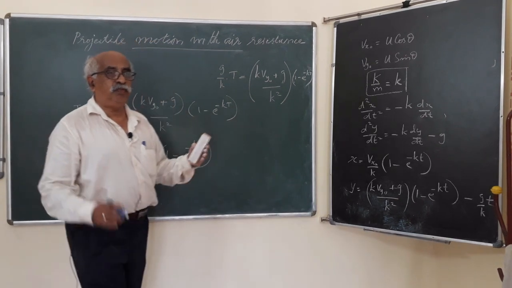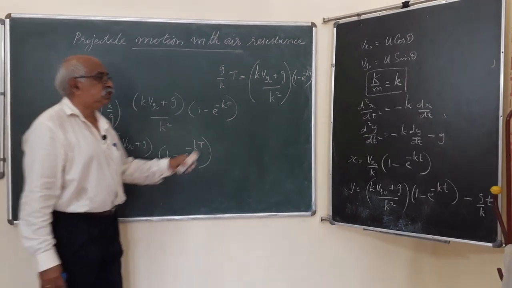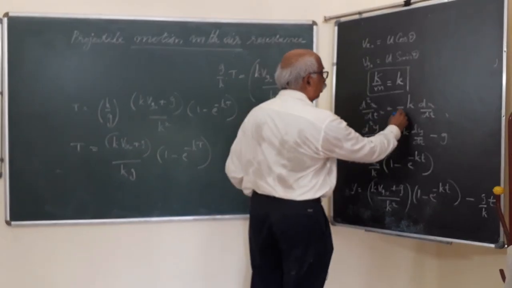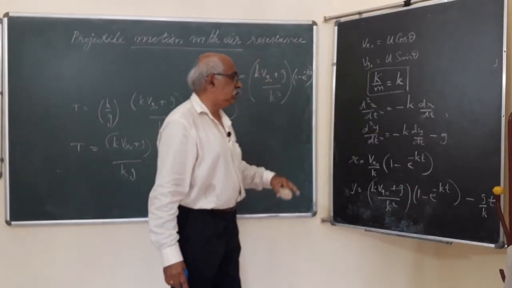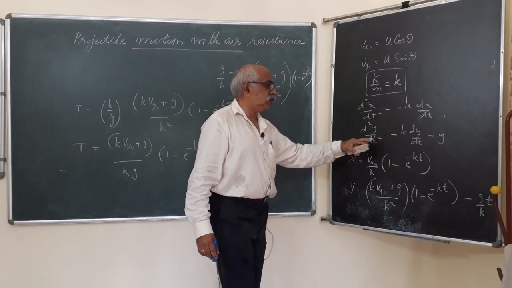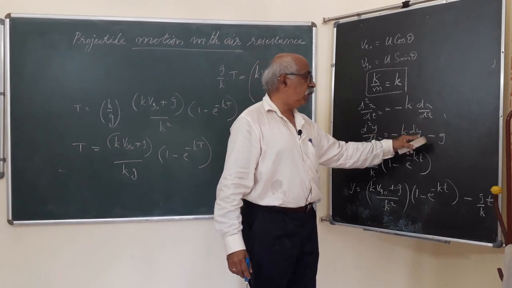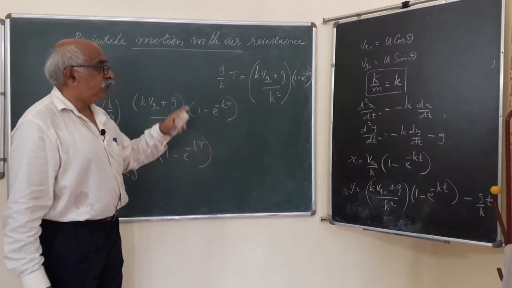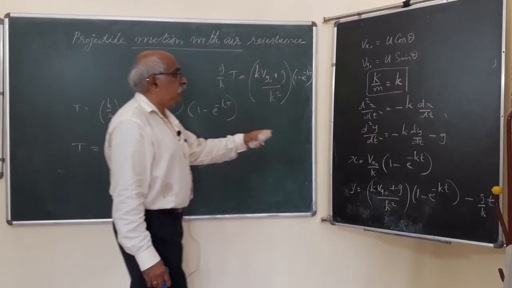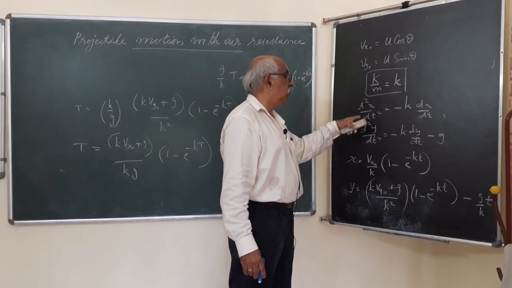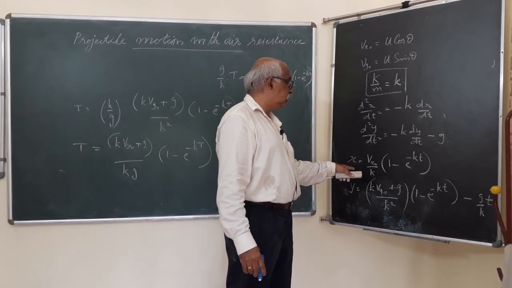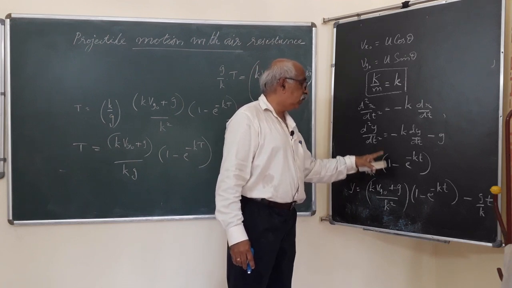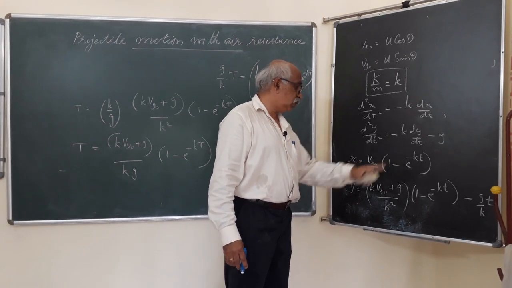With that, we have obtained two differential equations which are listed here. d square x by dt square is equal to minus k into dx by dt, and d square y by dt square is equal to minus k into dy by dt minus g. Now we have to solve them, and we first solved the first of these equations, which is simpler, and found x is equal to vx0 divided by k times (1 minus e raised to minus kt).